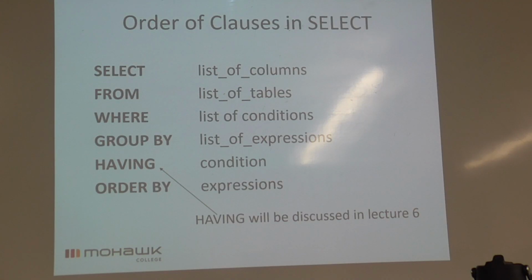So, this is the generally accepted sequence of clauses that you have in select queries. Select, from, where, group by, having, order by. Select list of columns from list of tables where list of conditions, group by list of expressions, having condition, order by expressions. We're going to discuss having next week. Questions? Okie dokie.